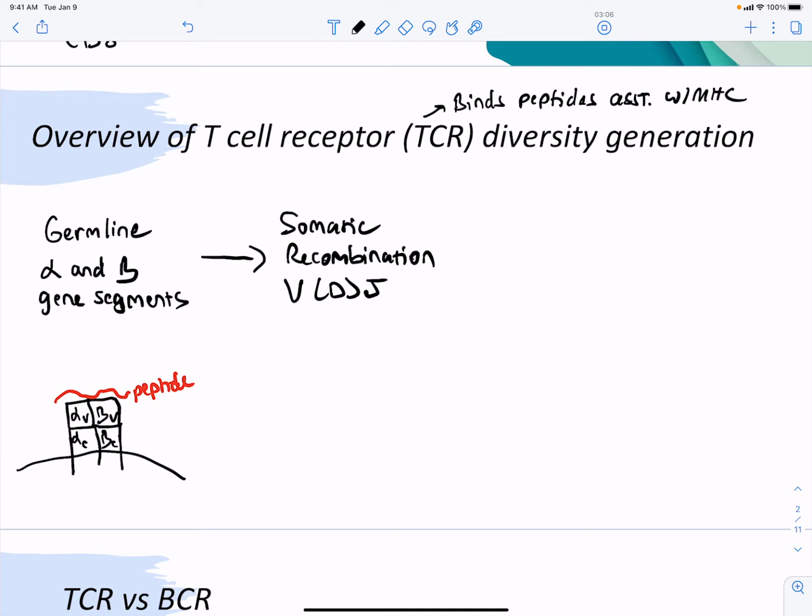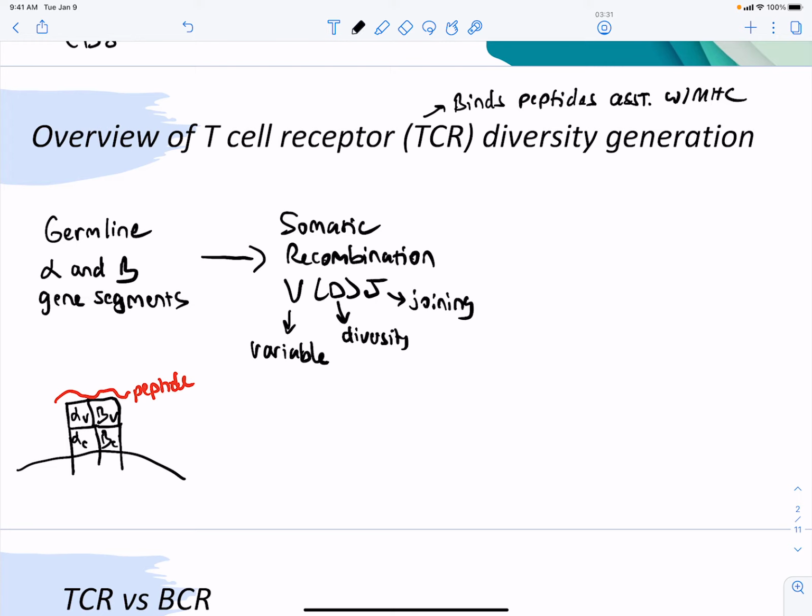regions within the alpha and beta gene segments, and V stands for variable, D is for diversity, and J is for joining. And so these VDJ regions are going to recombine to form various binding sites for different peptides.